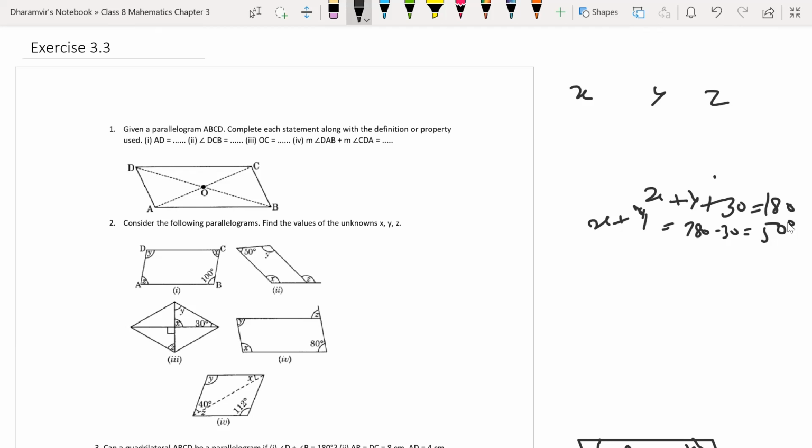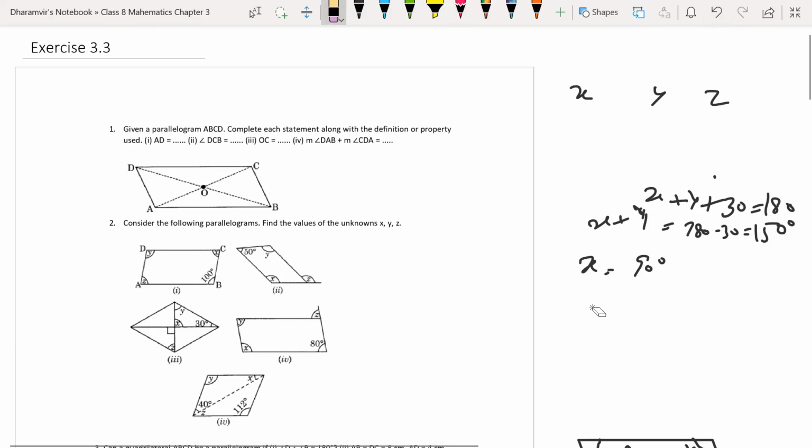Here it's a right angle triangle. We can say that x is equal to 90 degrees. Y is equal to 150 minus 90. Oh, sorry. X plus y plus 30 is 180, so x plus y is equal to 150.